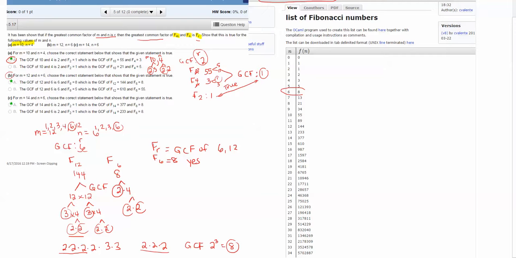So you would select this first statement that says the GCF of 12 and 6 is 6, and f sub 6 is 8, which is the GCF of f sub 12 equals 144 and f sub 6 is 8. If you look at the second statement, they have incorrect Fibonacci numbers here, so that's why that one would not be true.